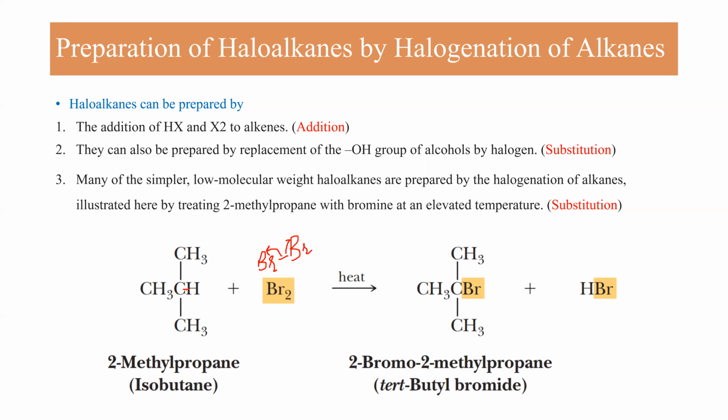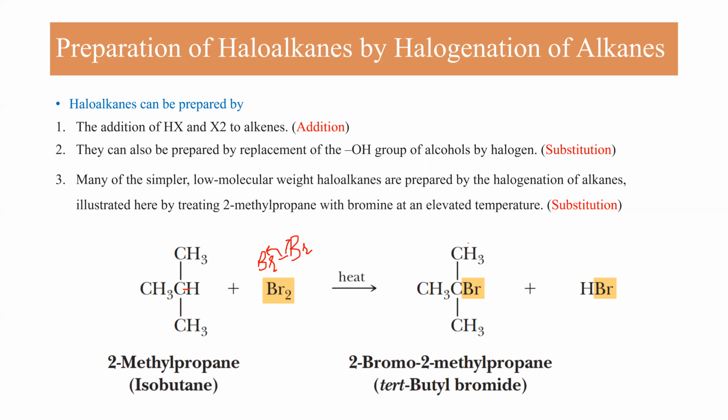But if that is the heterolytic cleavage, then that C will be the positive one, and then Br with the negative charge will combine on H, right? So the homolytic cleavage is more prominent when we are using the HBr, and in Br2 it goes through the homolytic cleavage, right? So here this Br will get attached to the carbon, and this hydrogen has been replaced, and this is bonded with one of the Br.